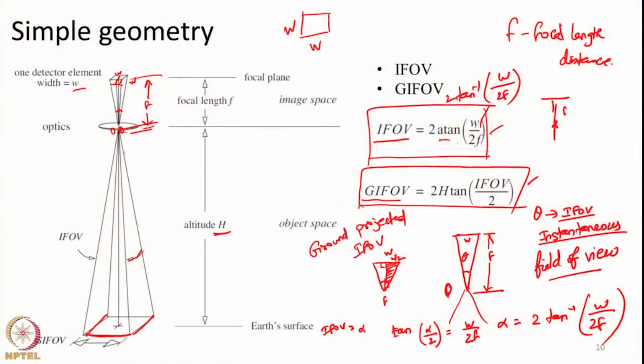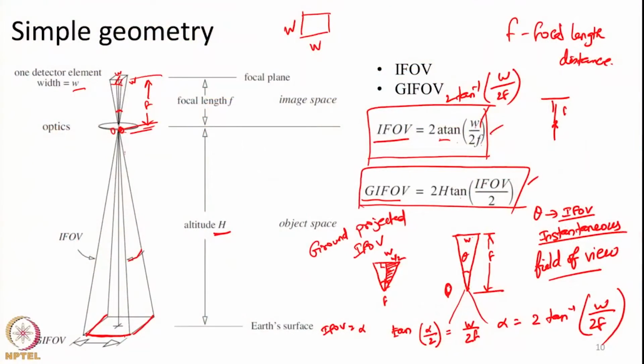Then we saw some important concepts such as IFOV, GIFOV, FOV and GFOV. IFOV is the angle subtended by a single detector element at the optical point, where the ray from the earth surface enters the lens system.